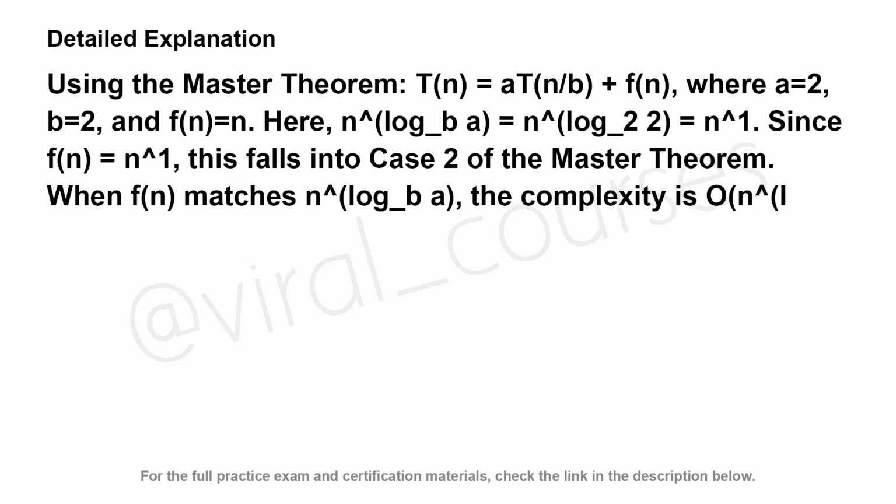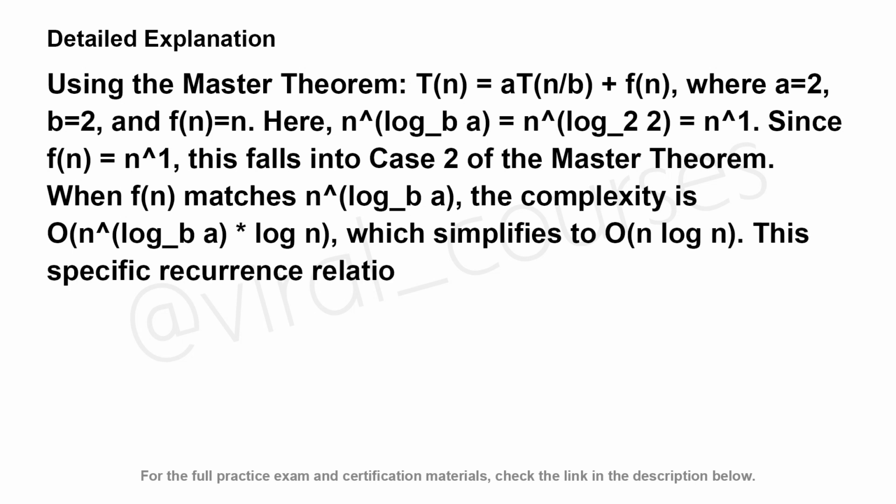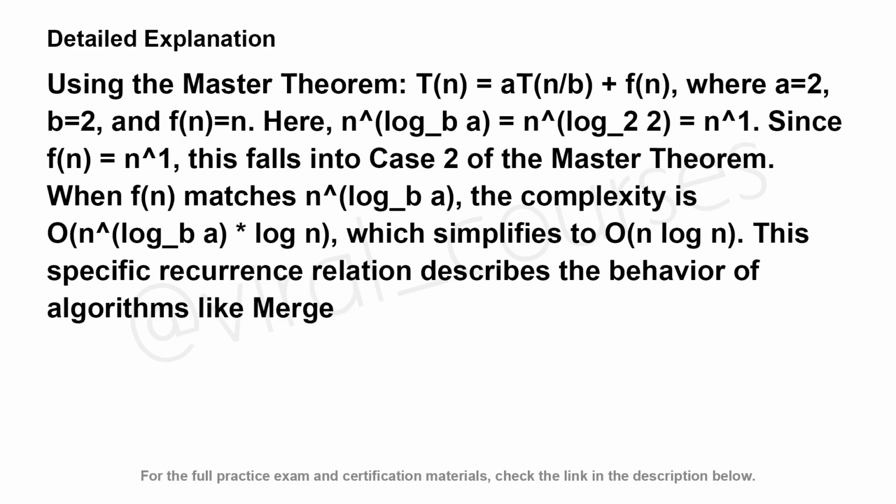When f(N) matches N^(log_b a), the complexity is O(N^(log_b a) * log N), which simplifies to O(N log N). This specific recurrence relation describes the behavior of algorithms like merge sort.